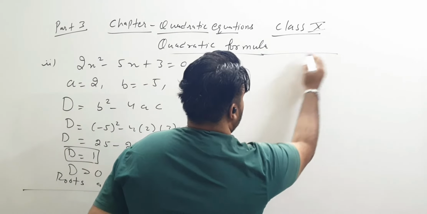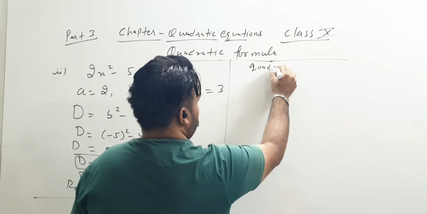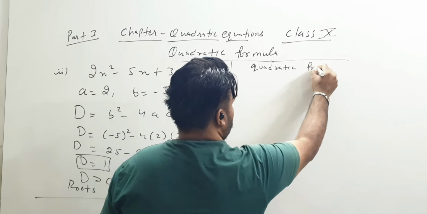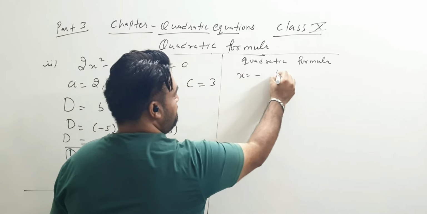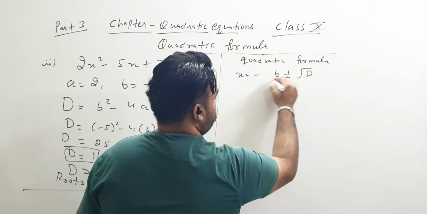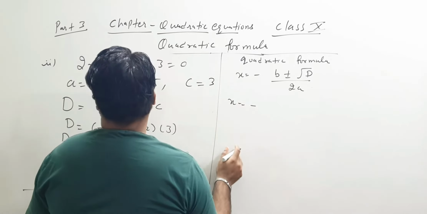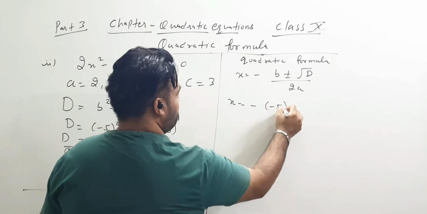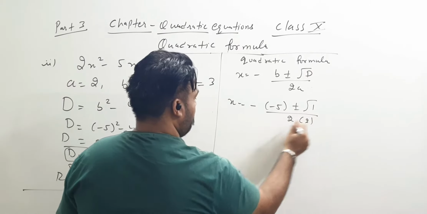Now what is the quadratic formula? Quadratic formula is x equals to minus b plus minus root d upon 2a. Now x equals to minus b. What is minus b? Minus minus 5 plus minus root d upon 2a.